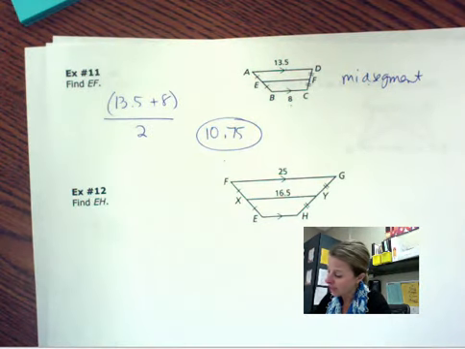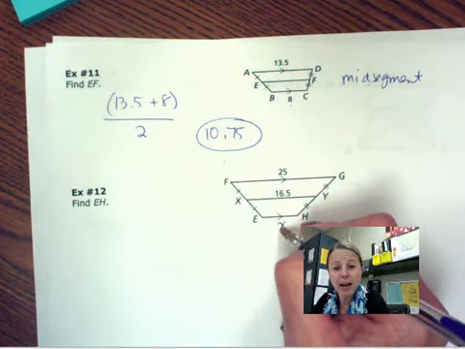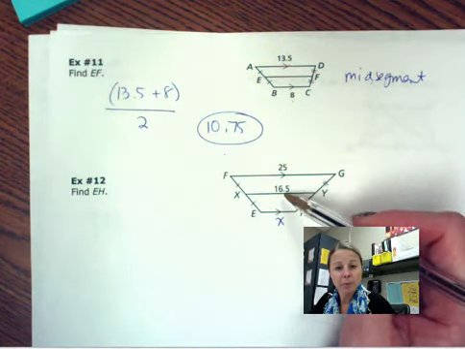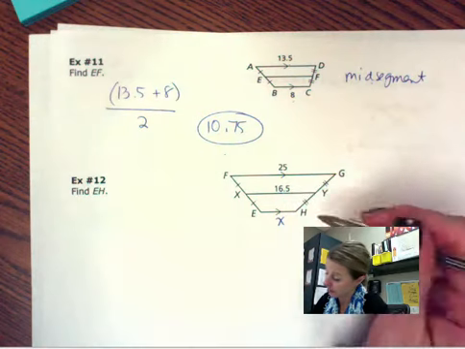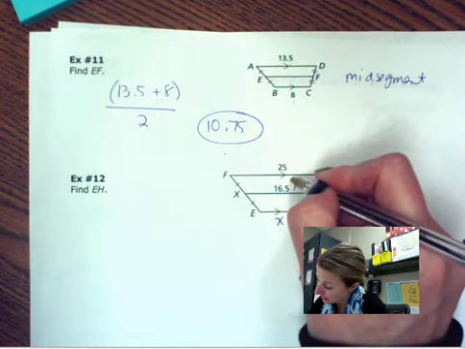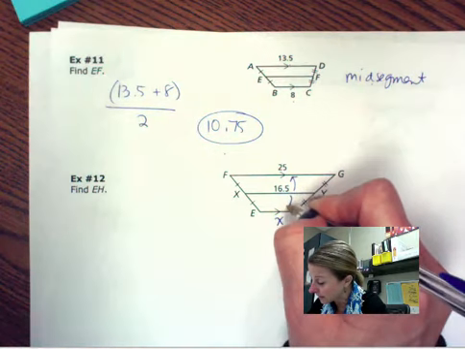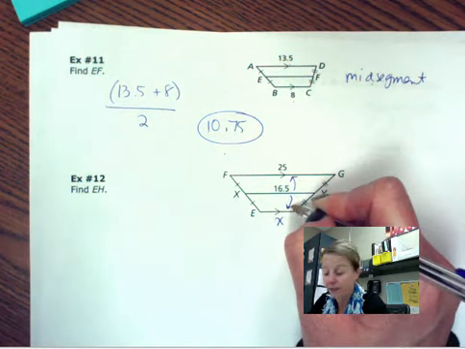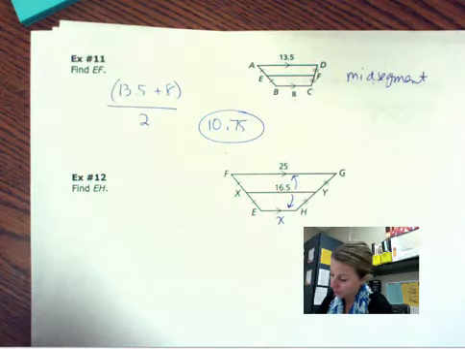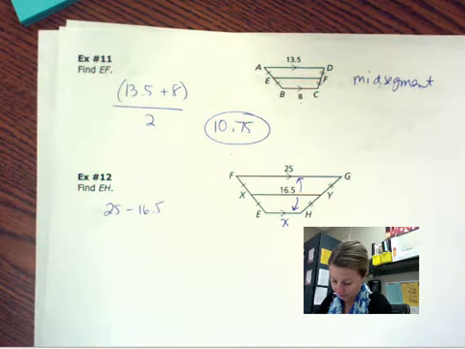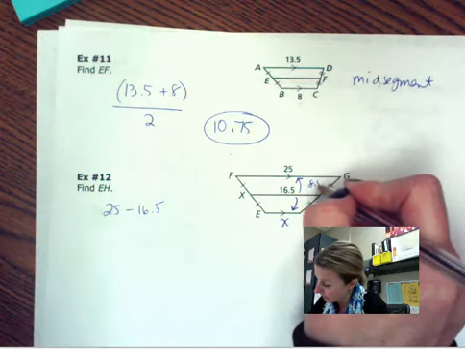Okay? Now, the other side of it is when you have the middle, but you don't have either end. So what I want to do here, there's a couple ways to view this. But if I look at the distance between 16.5 and 25, I could apply that same distance between 16.5 and x. So if I look at 25 minus 16.5, that distance is 8.5.